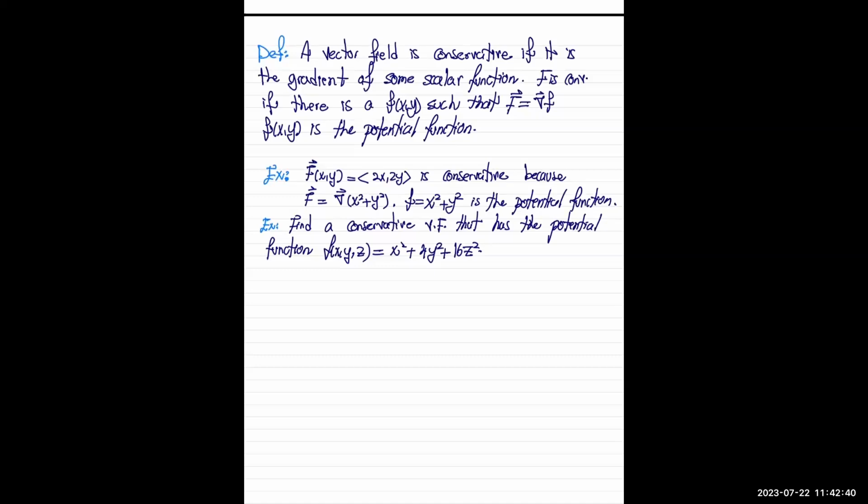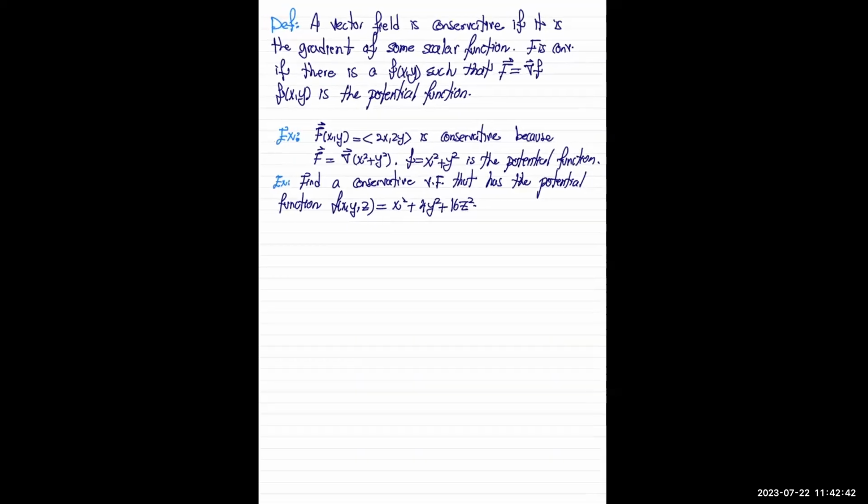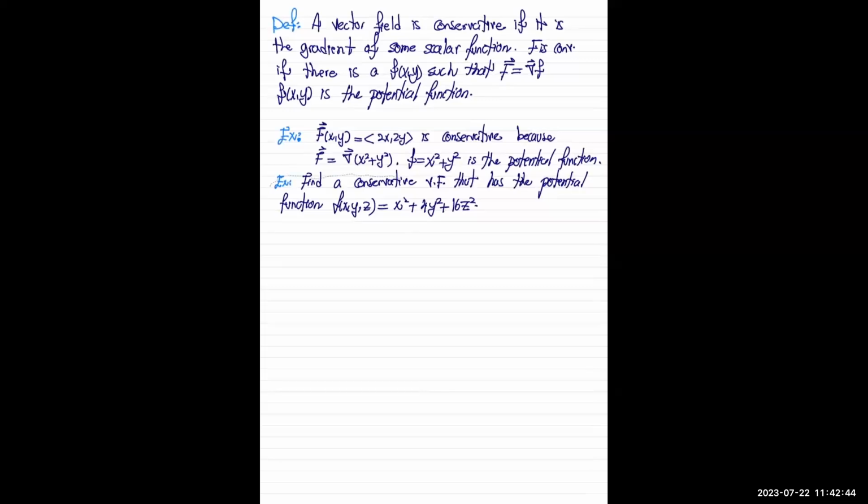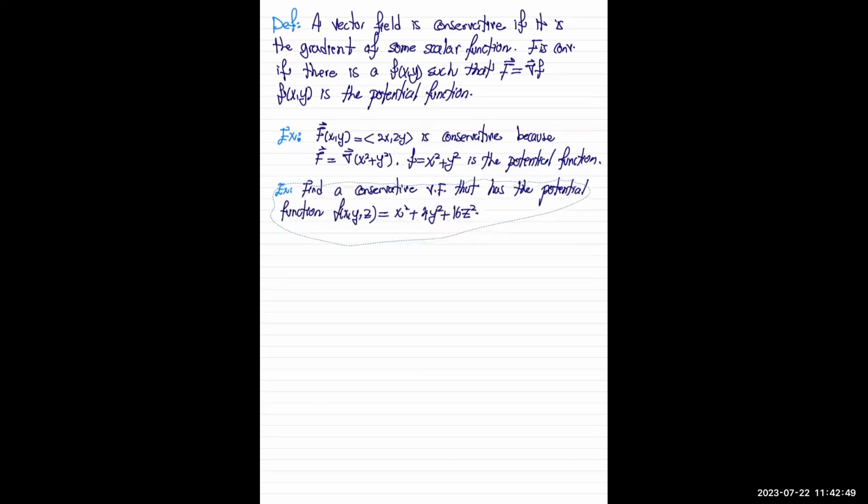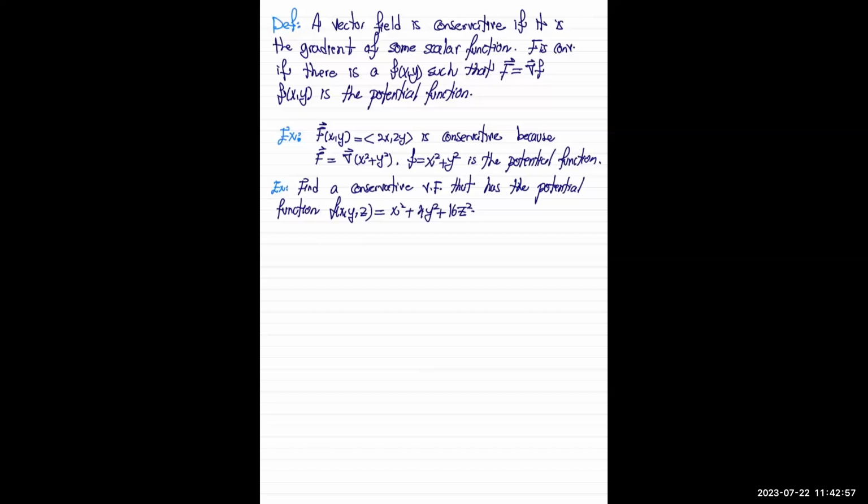So for this new example, you're given the potential function of the vector field, and you want to come up with the conservative vector field, which is basically the gradient of this potential function.